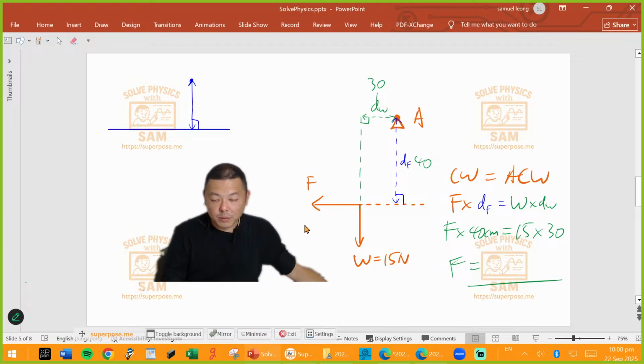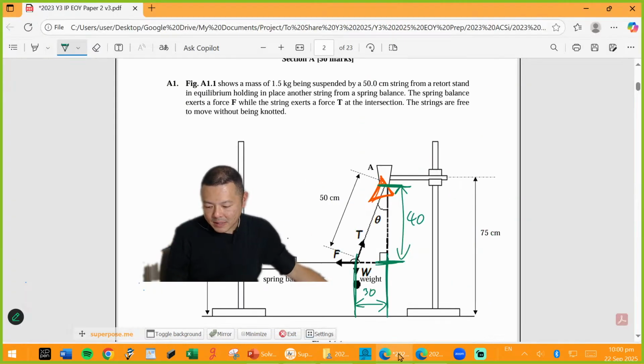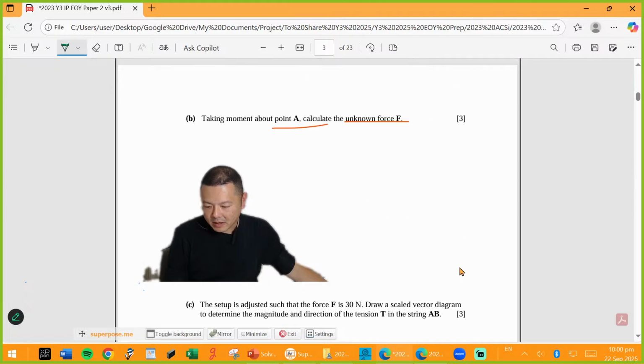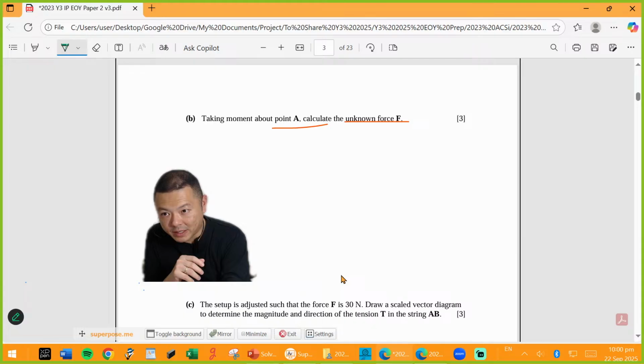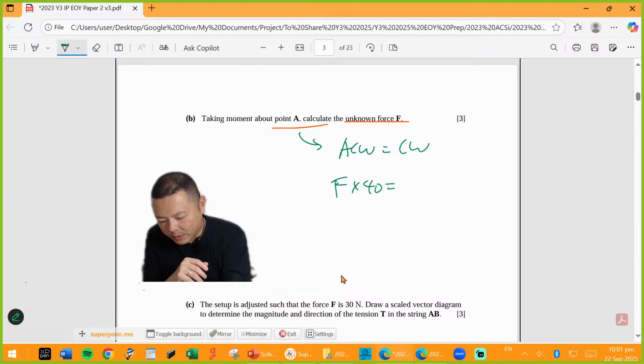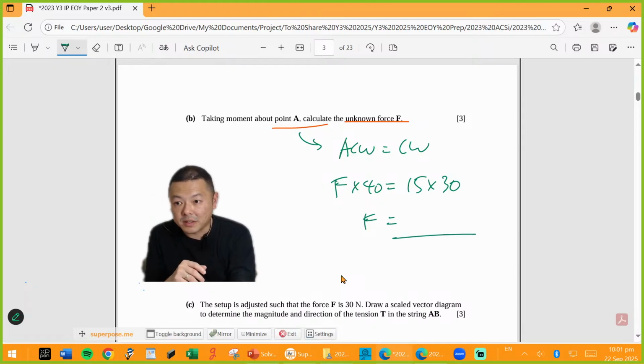Okay, so here's the thing. Sometimes it's so frustrating because you look at these 3 marks. If you take pivot A, anticlockwise equals clockwise: F times 40 equals 15 times 30, and then you find F. That's your answer.